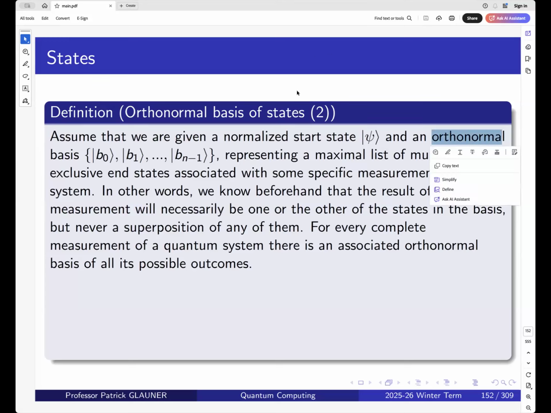Does anyone remember the term orthonormal from the introduction to linear algebra? Give me a signal if this is something you remember or not. So in an orthonormal basis, all the basis vectors are mutually exclusive. So they are all orthogonal to each other.